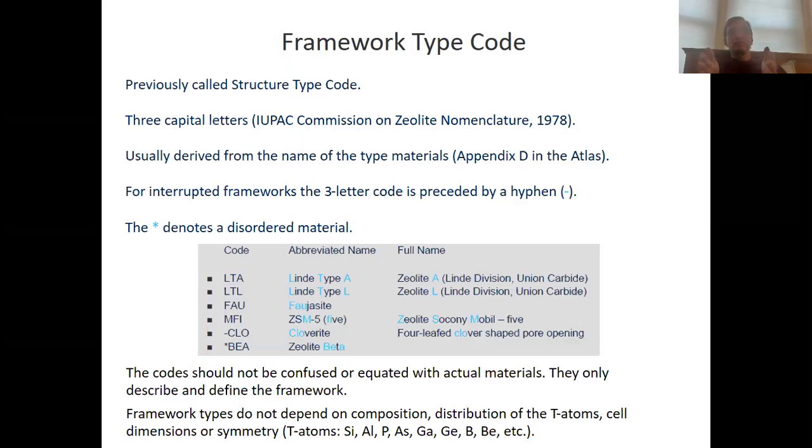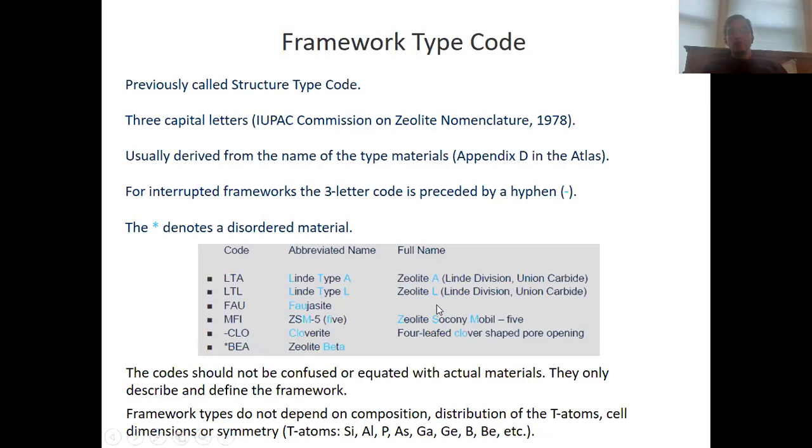By a framework type, we name a specific structure, but that structure does not necessarily equate to an actual material. We can have several actual materials associated with a particular framework type because we can occupy the sites within that framework by different elements.